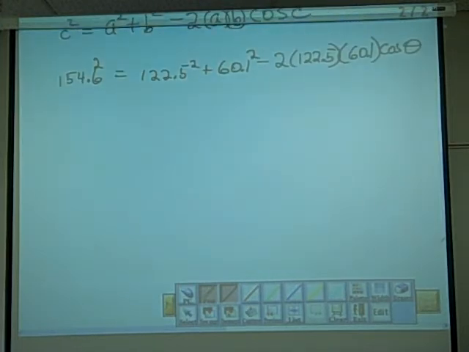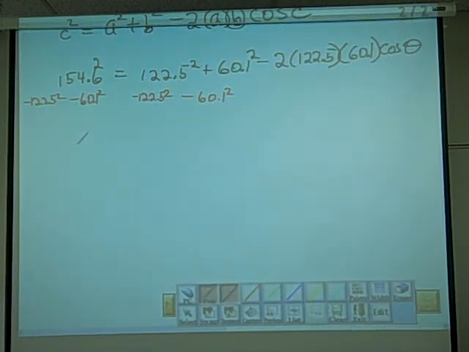Alright, so from here what we can do is subtract 122.5 squared from both sides, and subtract 60.1 squared from both sides. And this is what we've got so far.